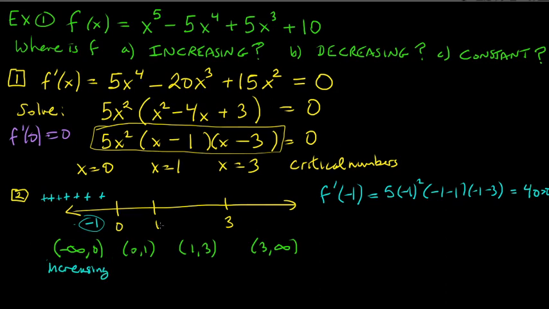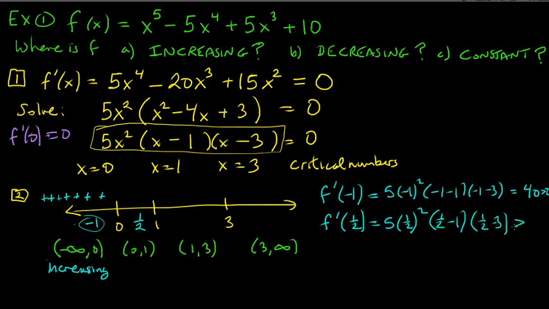What about between 0 and 1? What numbers are between 0 and 1? Unfortunately, we're running out of nice numbers here, so we'll have to pick something like 1/2. Plug that into the derivative. Notice that x squared is always positive, so 1/2 minus 1 is negative, and 1/2 minus 3 is negative.